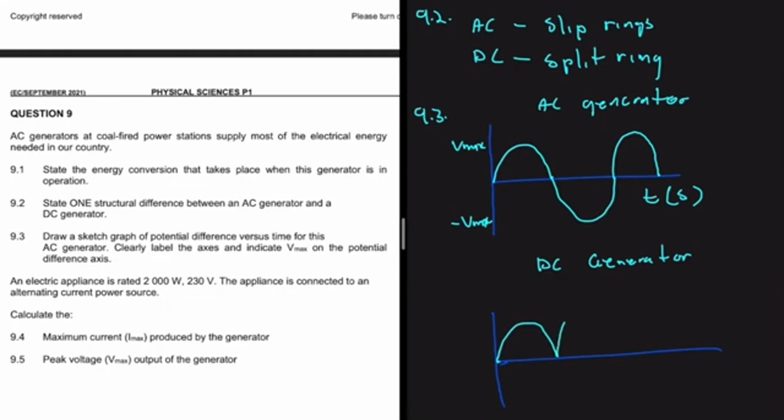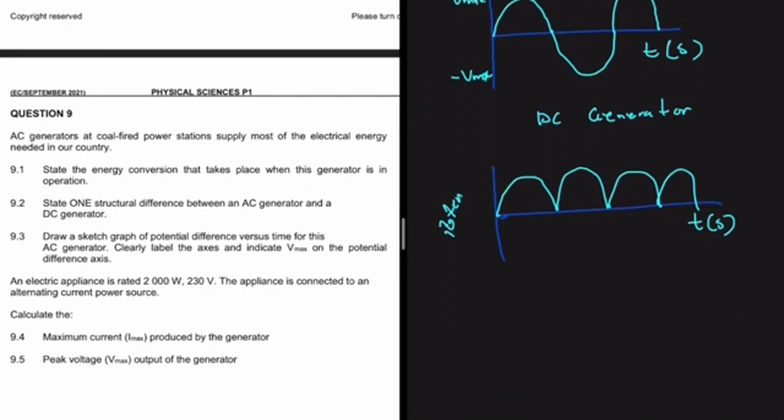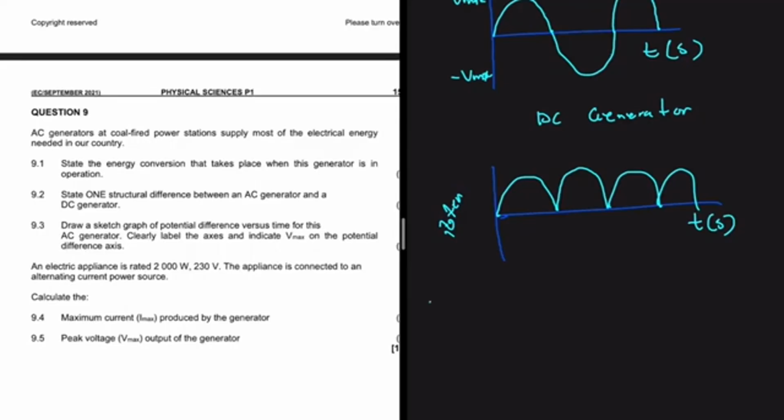We're still keeping the same direction, and so on. On the x-axis, we still have the time, and on the y, we have the potential difference. So that's what you sketch when we want the potential versus time for an AC and for a DC.